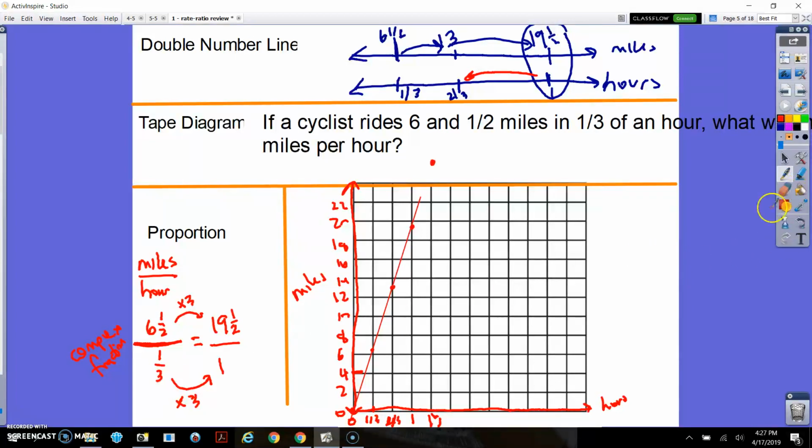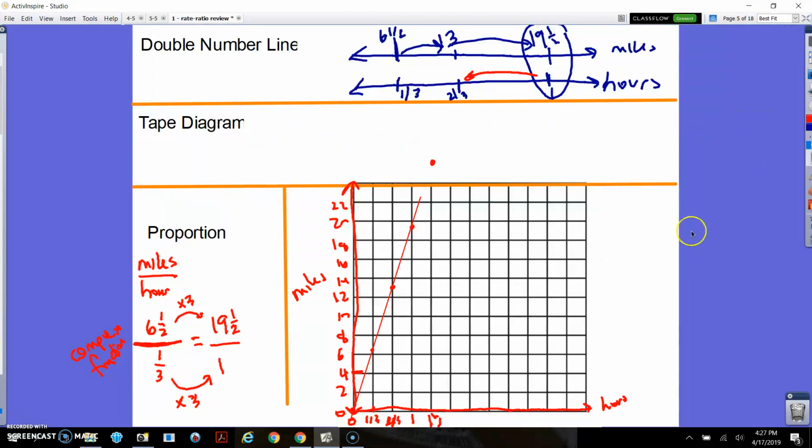All right. And so the last one's the tape diagram. I'm going to delete the question since I think we know it. This tended to be your least favorite, but it's always good to review just so you know how it works. So I'm thinking about parts and wholes here. What I know is 1/3 of an hour and I want to know a whole hour.